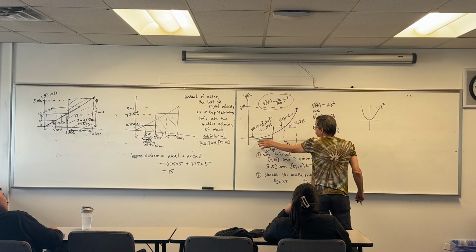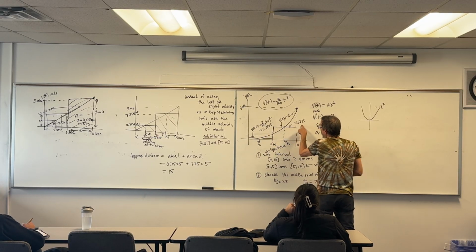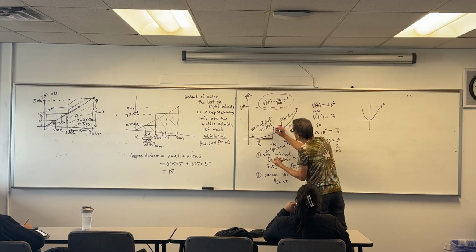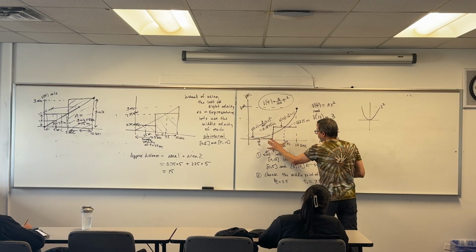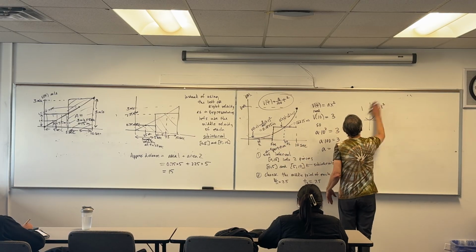All right, so this one is this height, this one is this height, and again, those are meters per second. Those are our approximate average velocities over these two intervals.